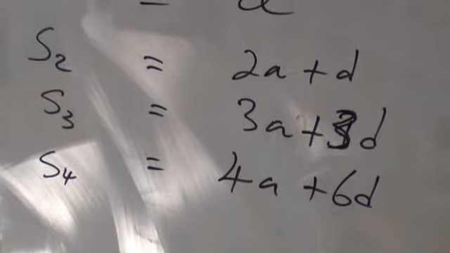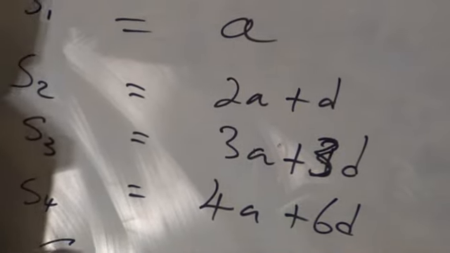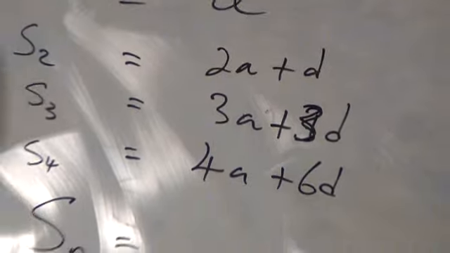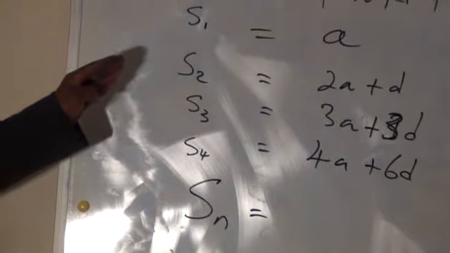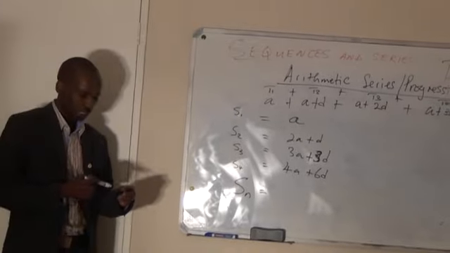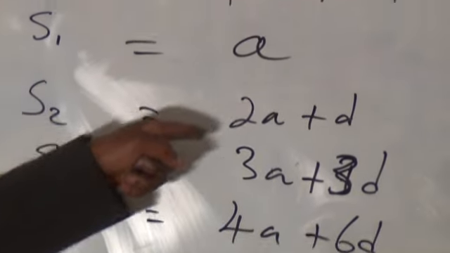Now, boys and girls, ladies and gentlemen, here is my simple question to you. What is Sn then? I want you to look at the pattern that I've actually generated and tell me something. How are we getting these terms? Check. S1, 1A.